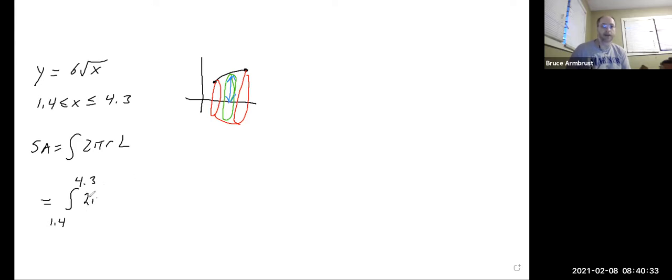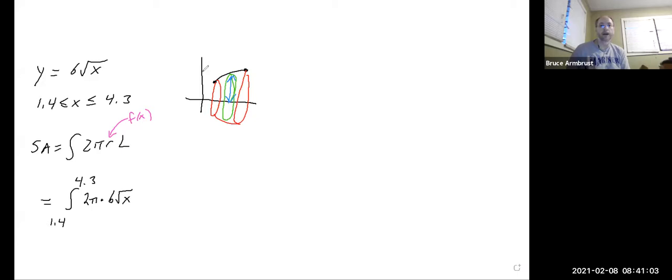So we're going to get here 2 pi. The radius is going to be 6 square root of x. It was the function. So for this specific picture, for the specific way we're rotating, that r is just f of x. Now, that's not always the case, but it's the case when we're rotating about the x-axis.